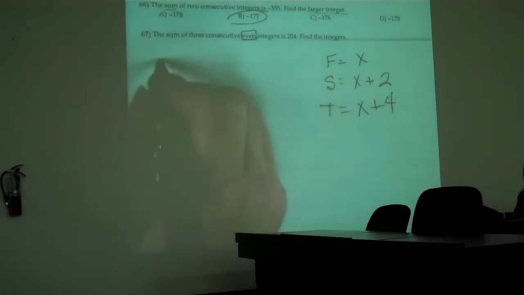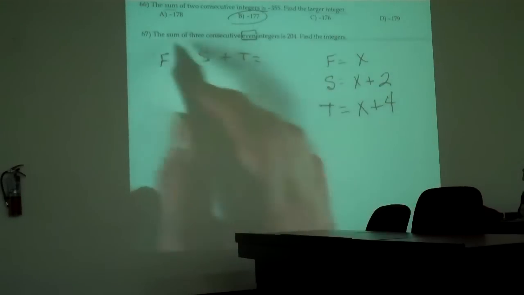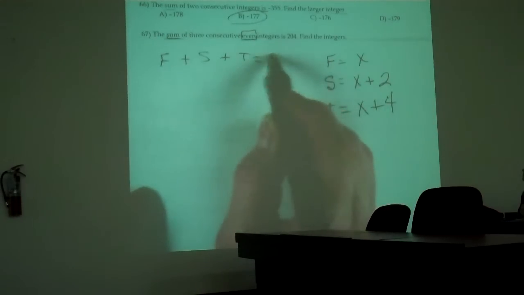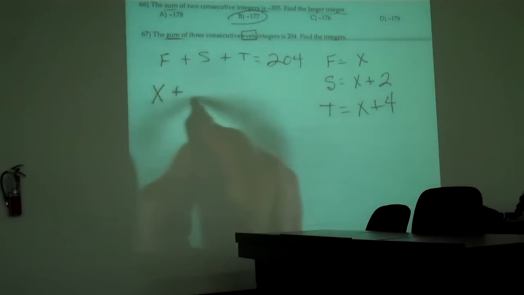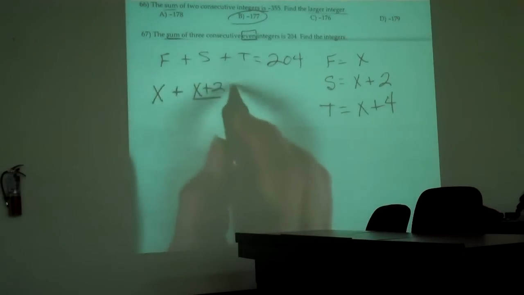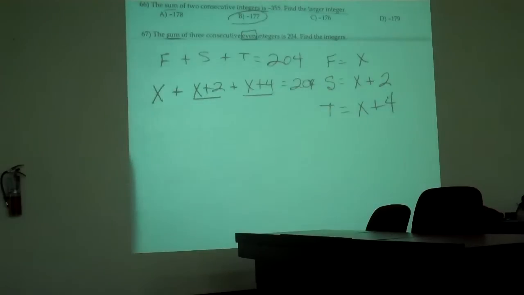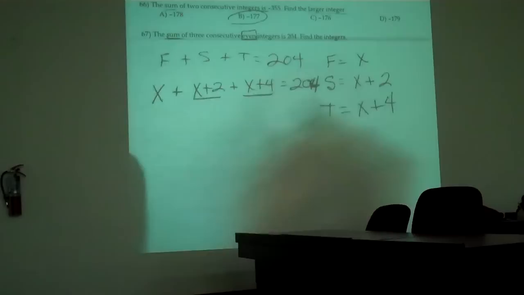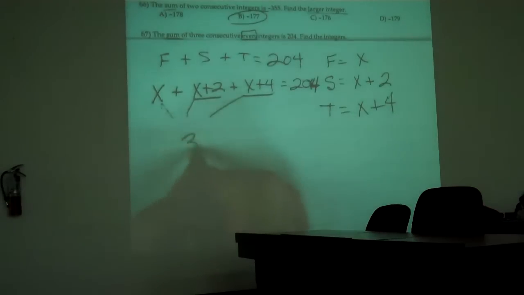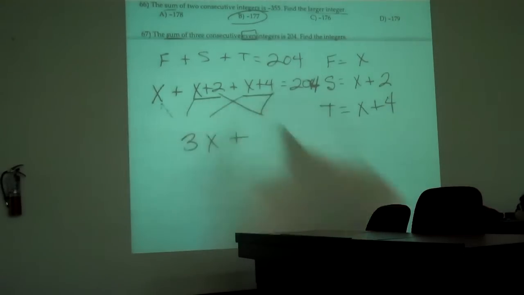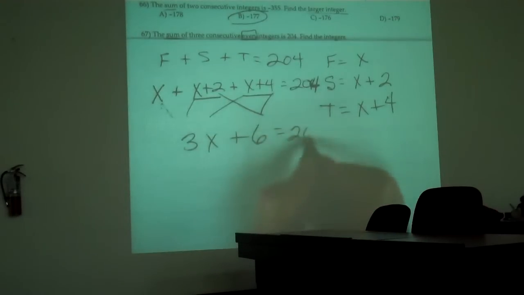Okay, so your first one plus your second one plus your third one, the sum of those 3 is 204. So your first is x, your second is x plus 2, your third is x plus 4. Okay, so you have x and x and x, so 3x plus 4 plus 2 is 6, equals 204.